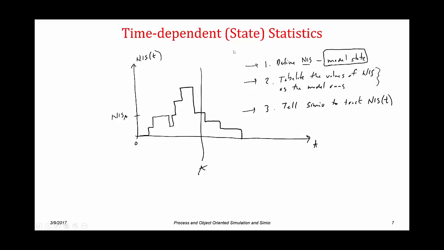The difference between these statistics will be in step 2, as to how you update the values. In the next video, we will do a similar statistic that Simio doesn't track for us automatically, and so we'll see the general applicability of this method.